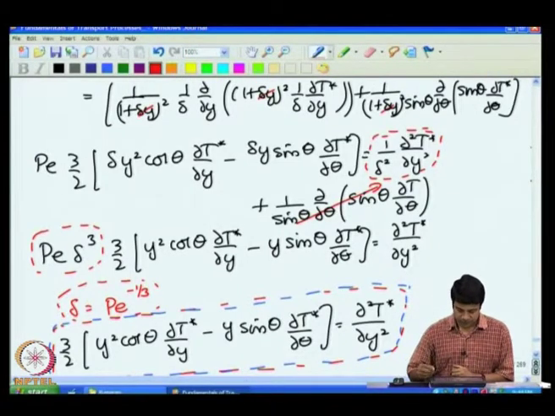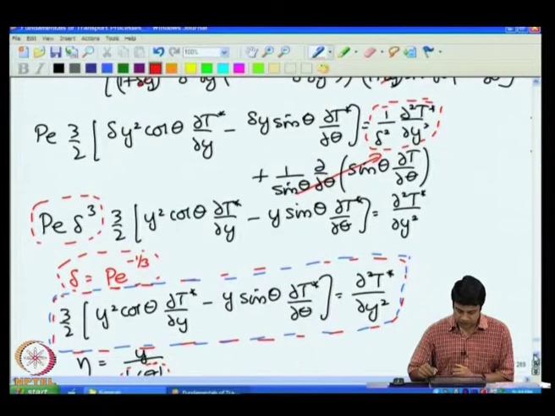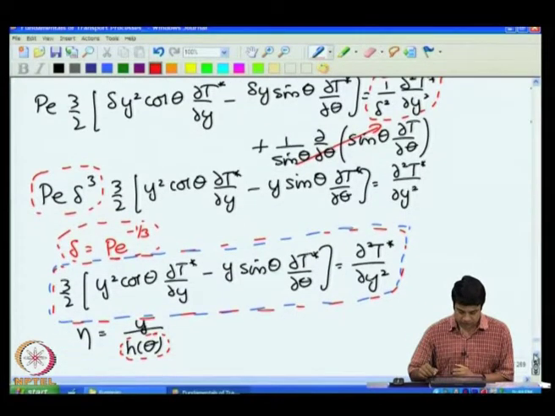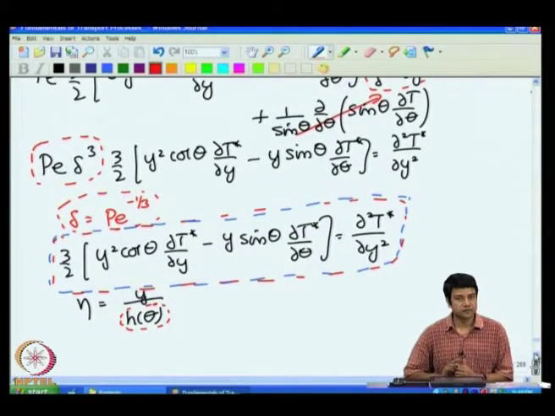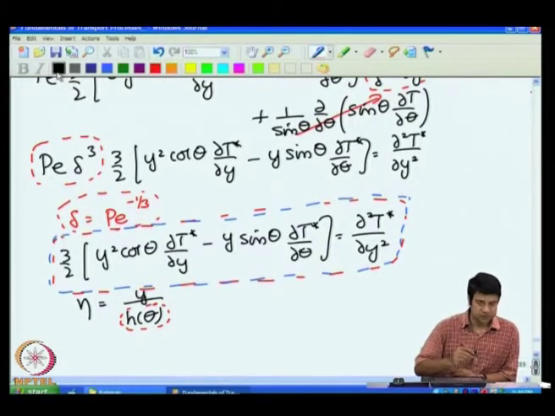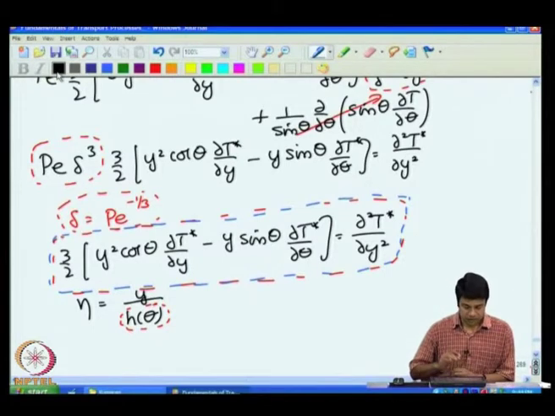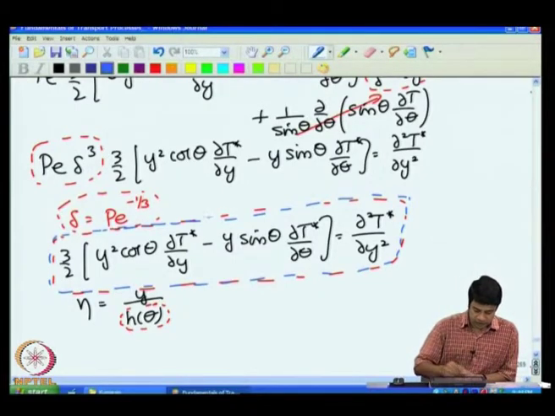And we got a similarity solution by postulating a similarity variable of the form y by h of theta, where h is some function which, when inserted into the equation, results in an equation of the similarity form. So, that is the basic principle. I choose a form for h in such a way that when I put this into the governing equation, I get an equation which is of the similarity form.